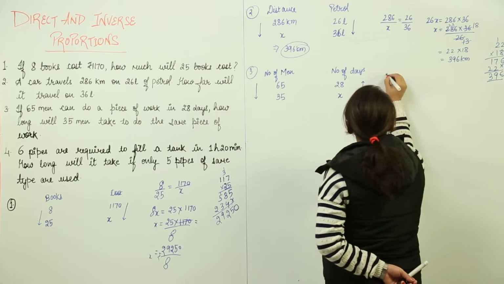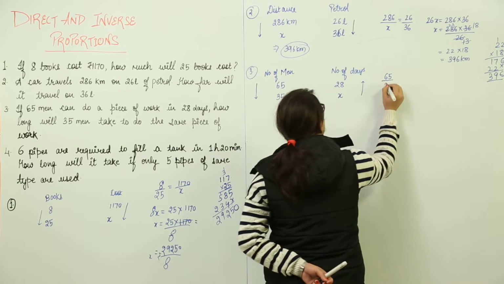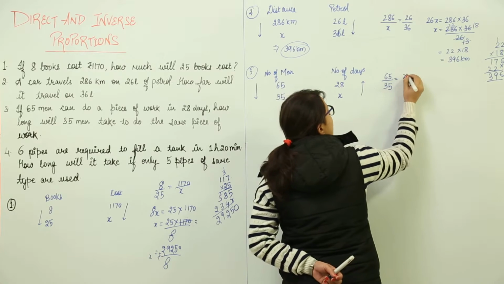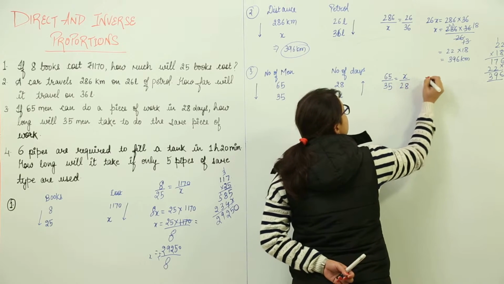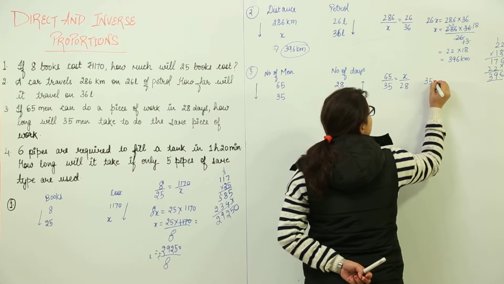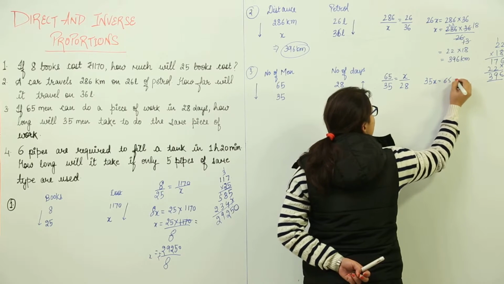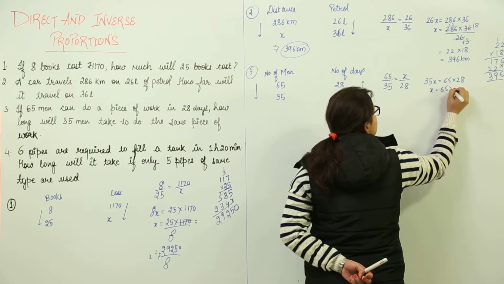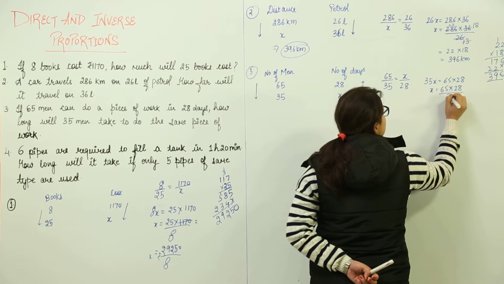What do we do in inverse proportion? We write 65 over 35 and we reciprocate these values, that is x over 28. So what do we get? 35x equals 65 into 28. Now x equals 65 into 28 over 35.